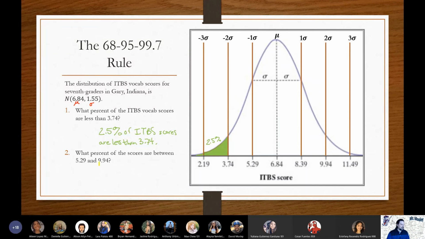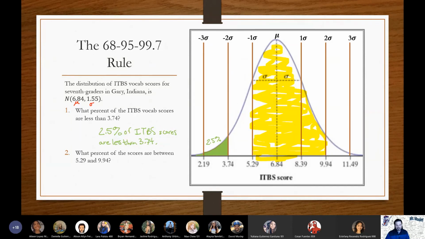We are between 5.29 and 9.94, so I'm basically looking at this whole space here. It's going to take longer than I want to highlight all of it perfectly. So this is where we're looking, 5.29 to 9.94.